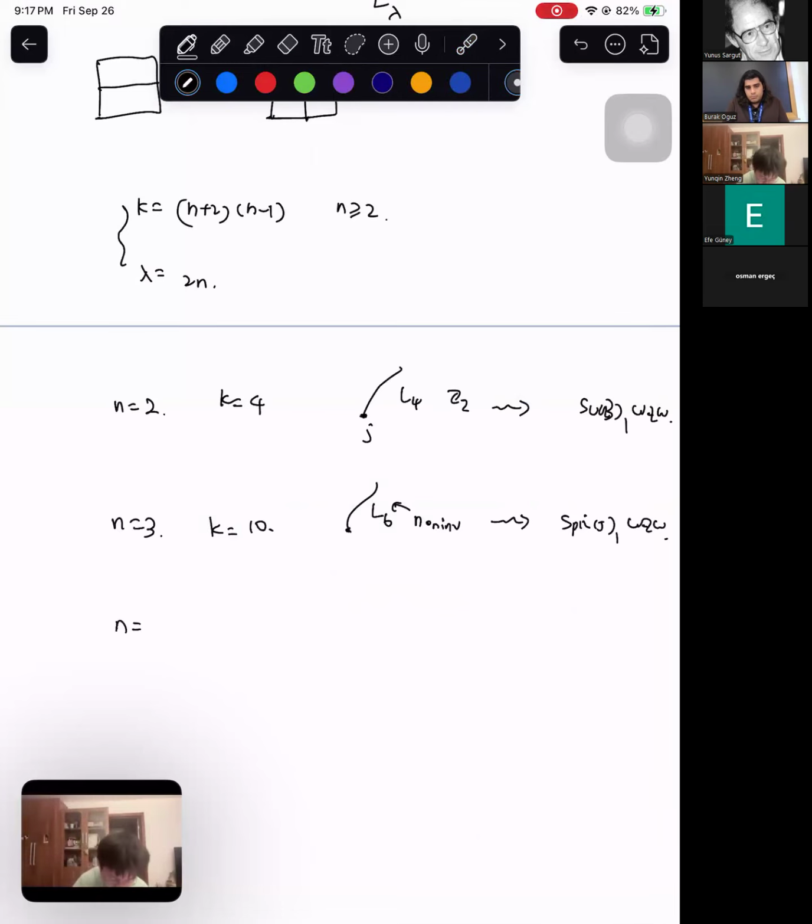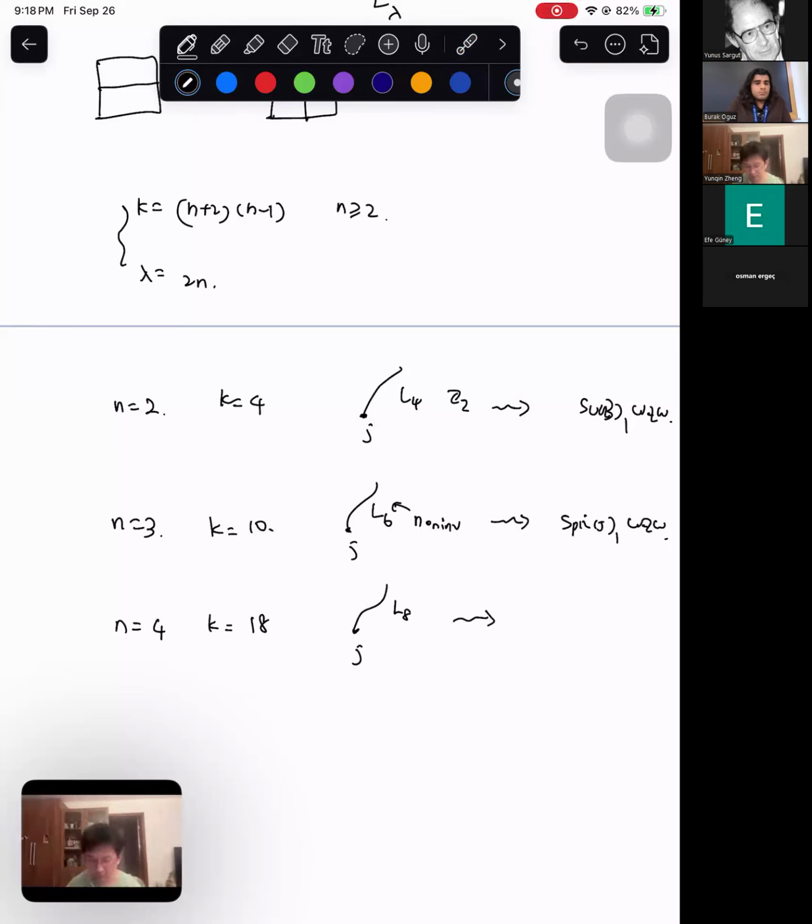And the next example is n equals 4, k equals 18. In this case, the current is attached to L8. But it turns out that there's no way to gauge away this L8 while preserving the SU(2) Kac-Moody algebra. So this is the first example that we know that possibly sits outside of the gauging construction.